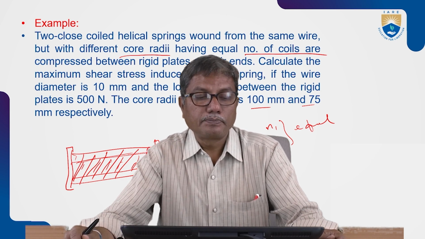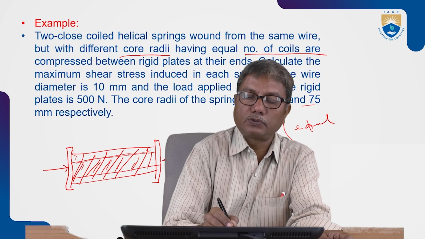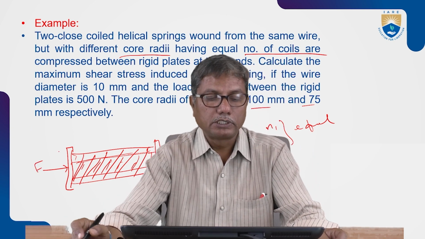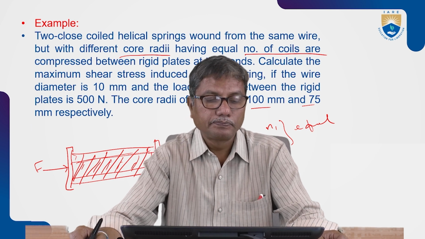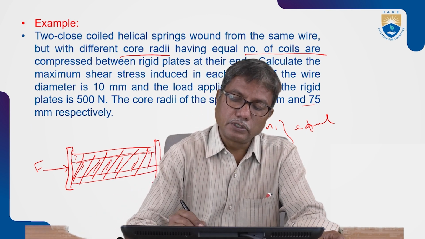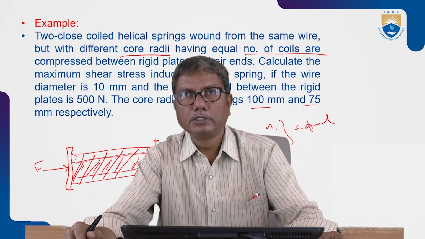So they both are compressed between the two rigid plates. That means they both are subjected to some force F, which is 500 newtons, given. The diameter of the wire, small d, is the same for both inner and outer.